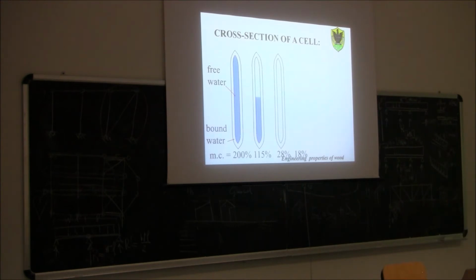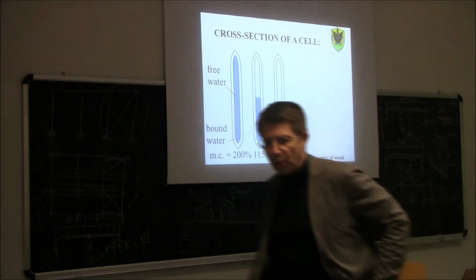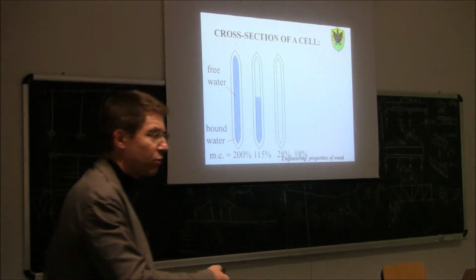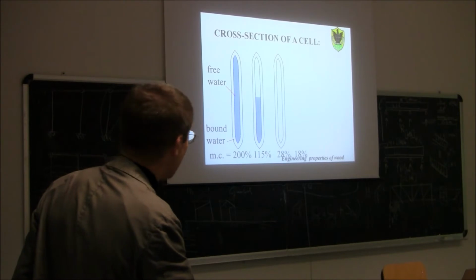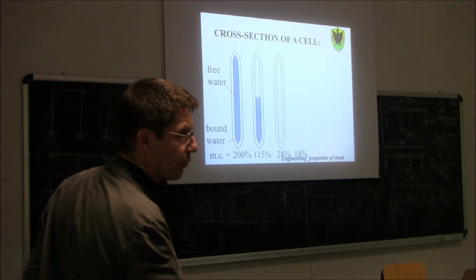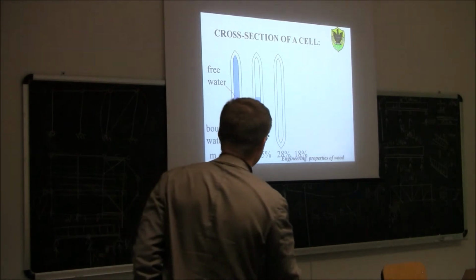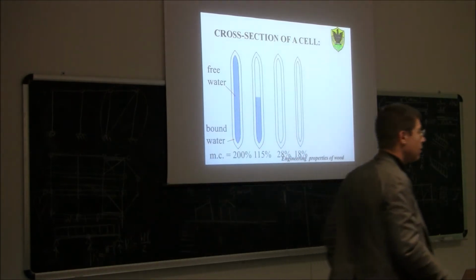The fiber saturation point is the value of the moisture content where all the free water has gone, and there is still bound water filling all the gaps within the cell walls. So at the fiber saturation point, which is usually 28%, 29%, the timber has lost all the free water but no bound water. If we keep leaving the tree outside, what is going to happen then? We're going to get also less bound water.